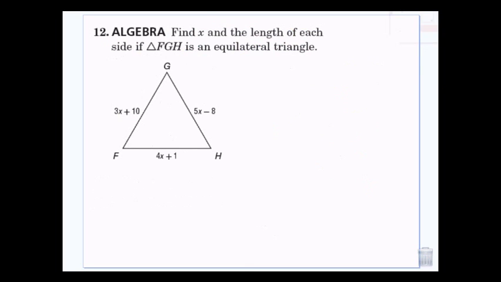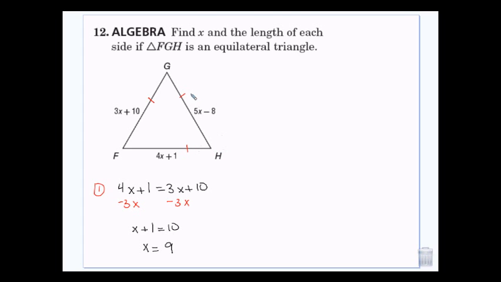If it's equilateral, what do I know about the 3 sides? So I can pick any 2. 4x plus 1 and 3x plus 10. Okay, so we'll do that first. Okay, I'm going to subtract 3x from both sides. If x plus 1 equals 10, x equals 9.